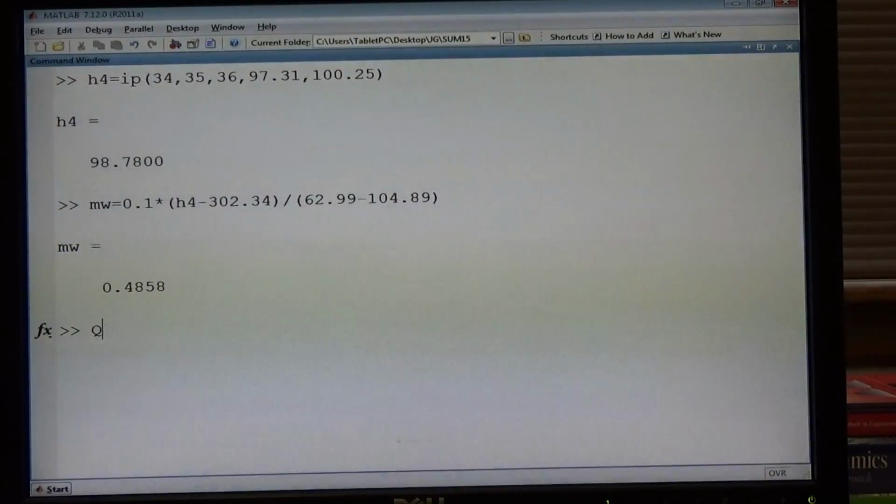It's equal to mass flow rate of the refrigerant, 0.1, times (H4 minus H3).